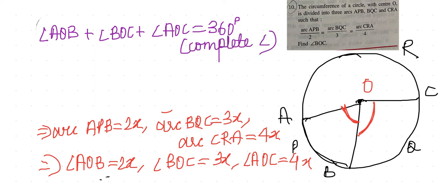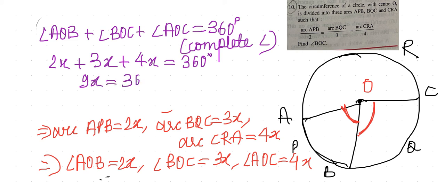Okay, so AOB has been taken as 2X, BOC has been taken as 3X, and AOC has been taken as 4X, is equal to 360 degrees. So 9X is equal to 360 degrees. So clearly the value of X that you are getting is how much, children? 40 degrees.